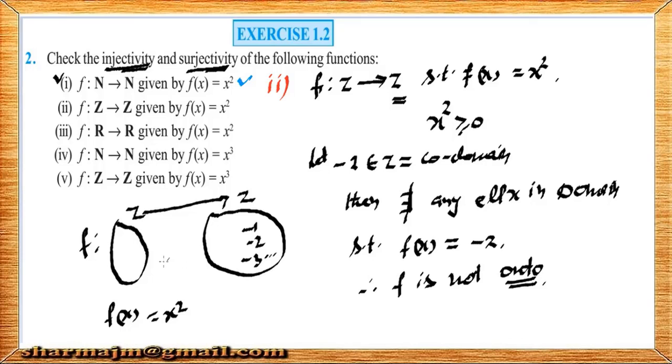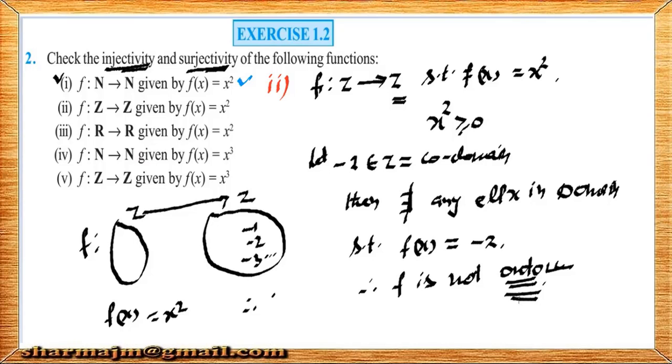Their pre-images do not exist under f. So therefore, f is not onto. This function is actually mapping all the elements of the domain to non-negative elements. The range of this function is non-negative. So elements on the right hand side, that is negative integers, don't have their pre-images. Therefore, this function is not onto.